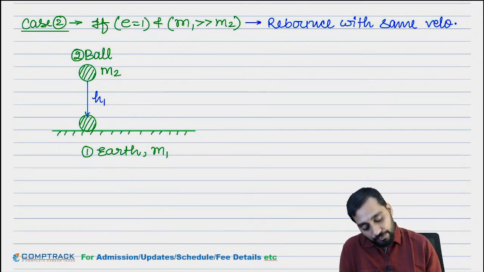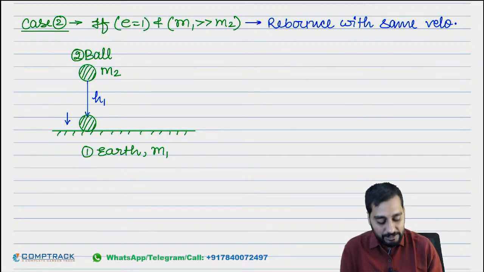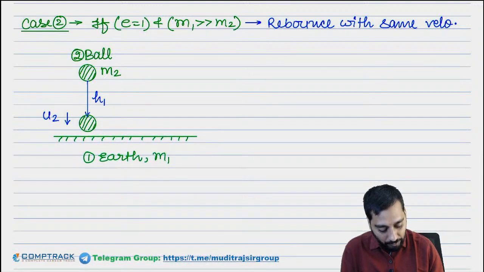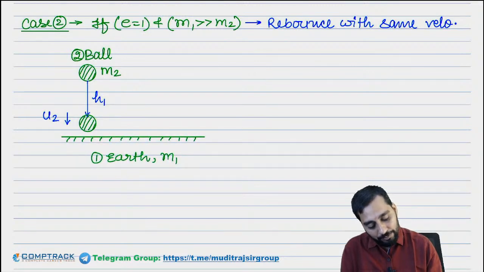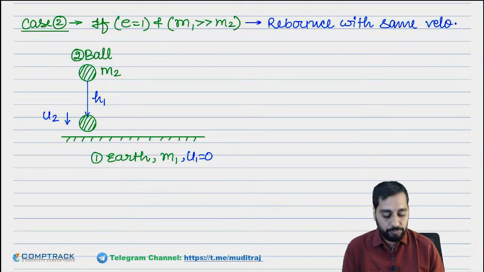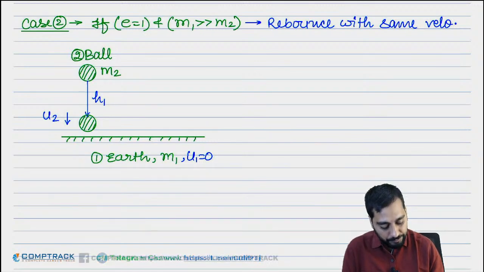Just before hitting the ground, let's say its initial velocity is u2. And what will be u1 for the first body? Earth is at rest, so u1 will be 0. Simply, yes or no? You can write here also.